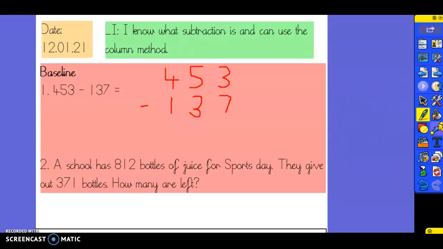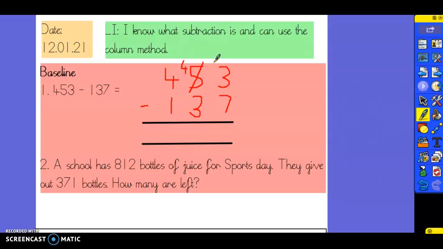So far this morning, continuing the same good work, making sure everything is set out nice and clear. So we start off in the ones column. 3 subtract 7. We can't do that because the 7 is at the bottom and that's larger than the number at the top. So we have to exchange, that's right. So we cross out the 5. That changes into a 4.